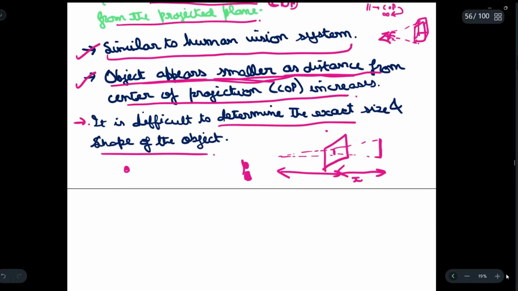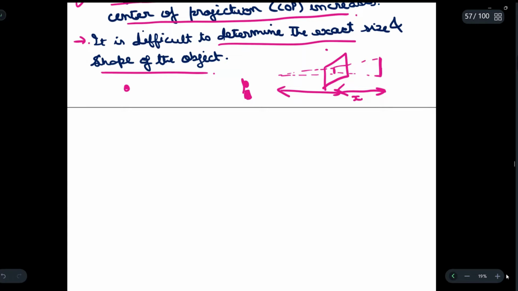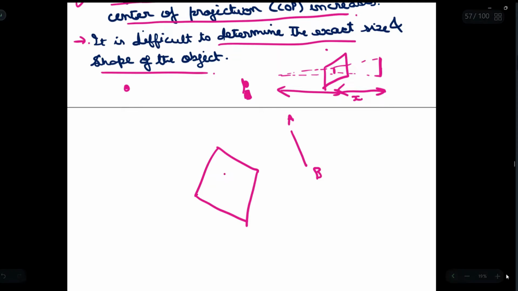Now let us see how an image is projected using perspective projection. Suppose this is the image plane and we have an object AB over here, and we are going to project its image on this 2D plane. We will not be drawing parallel lines now as we did in parallel projection.